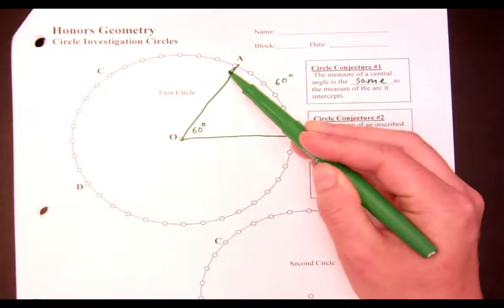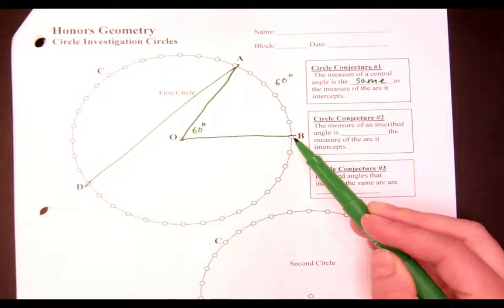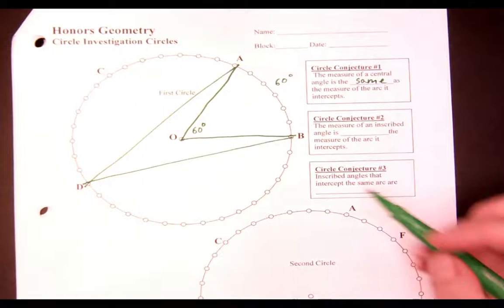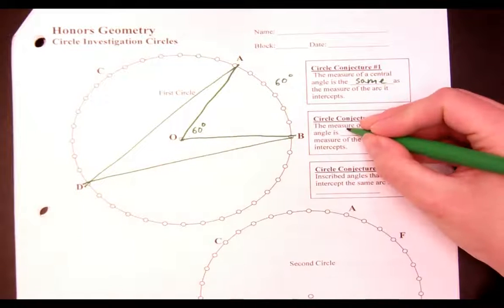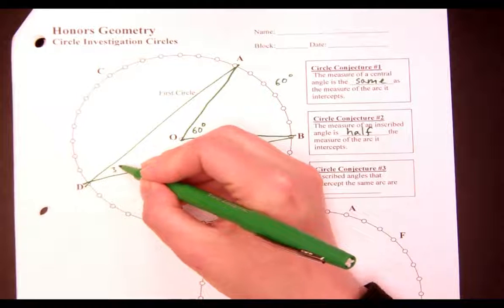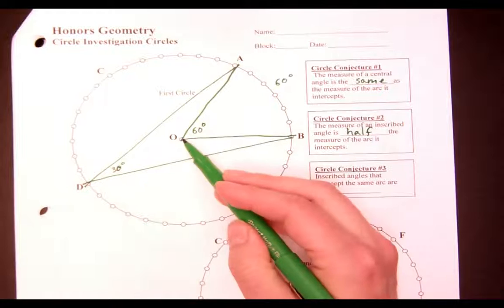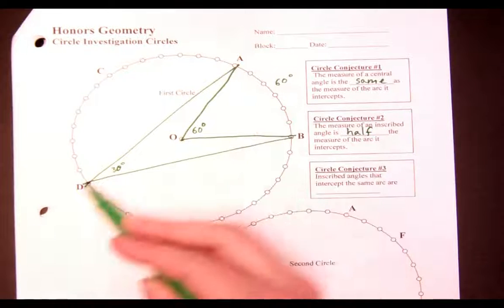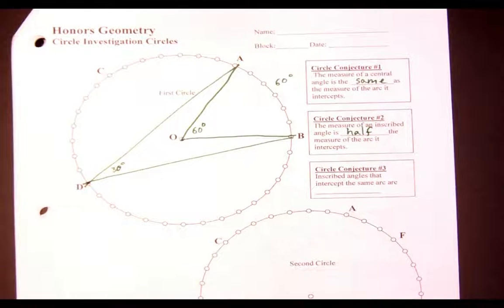They came out to roughly this, right? And so the word we'd look for is half. So that's a really important thing to remember. If we're coming from the central angle, it's the same. If we're coming from an inscribed angle, which means it goes all the way, touches the edge, it's half.